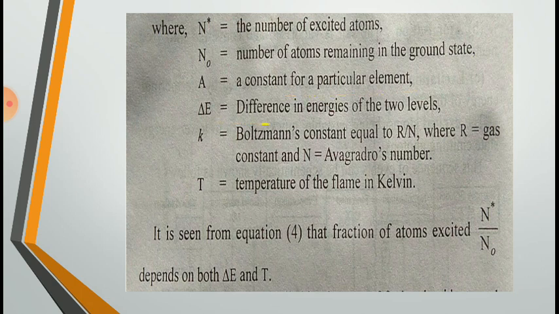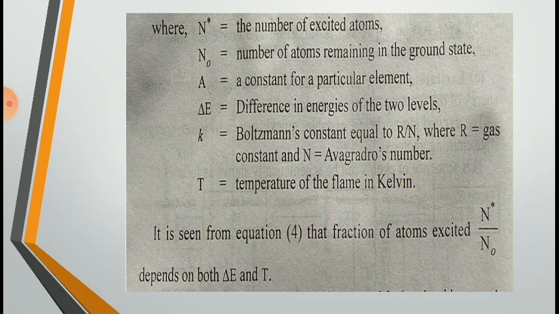Delta E is the difference in energies of the two levels, and k is the Boltzmann constant equal to R by N, where R is the gas constant and N is Avogadro's number. And last is capital T, that is the temperature of the flame in Kelvin.